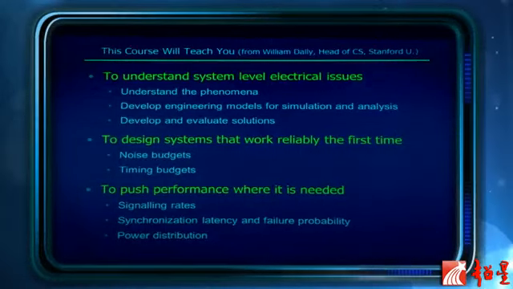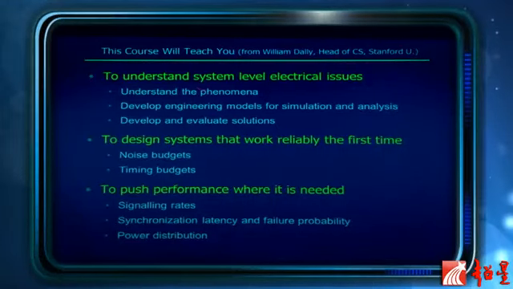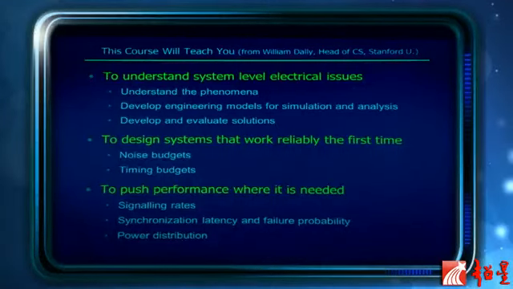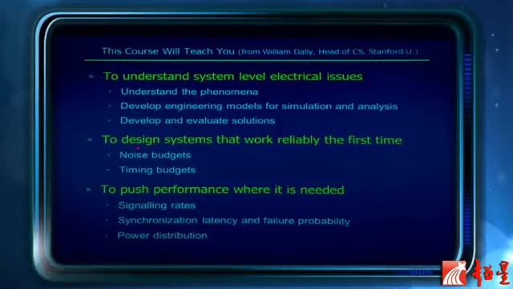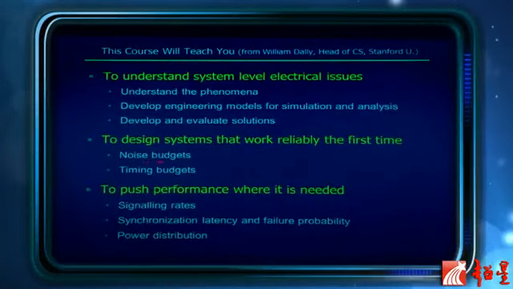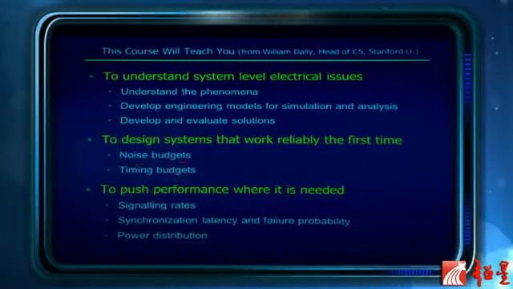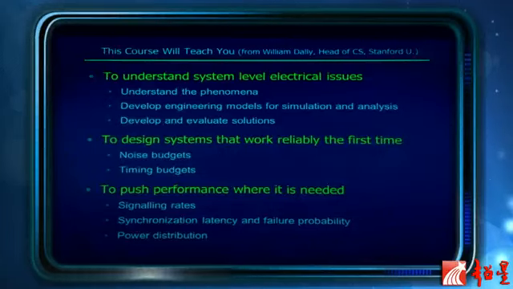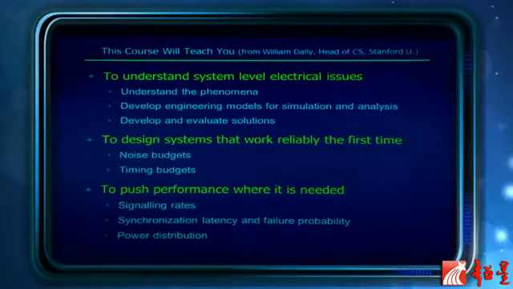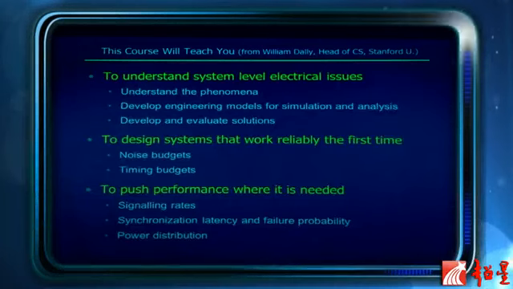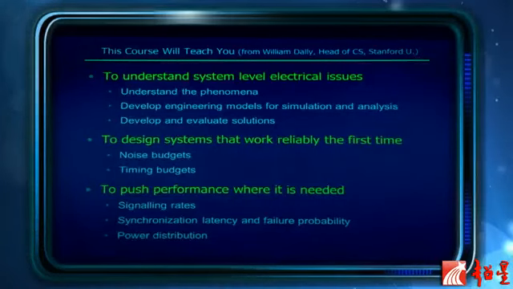So you have to understand system level issues. And you have to understand there's noise. So there's noise margin, there's timing margin. And if your circuit does not meet these requirements, it may not work. Also you want to run your circuit as fast as possible.